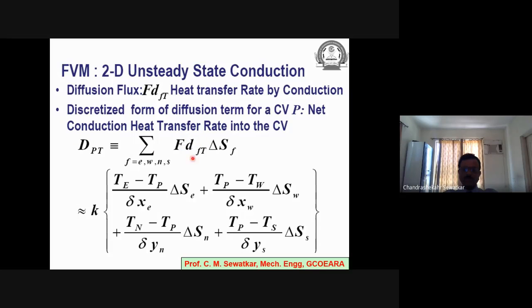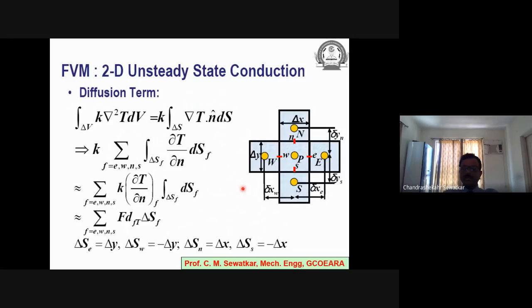And how do I write it? FDFT for each face I can write as TE minus TP divided by delta XE into K. See, for the east face it is TE minus TP divided by the distance between the two, delta XE, multiplied by K. That's a flux.